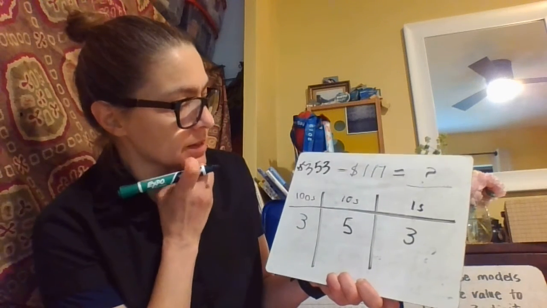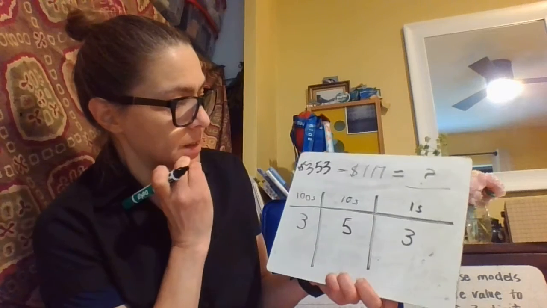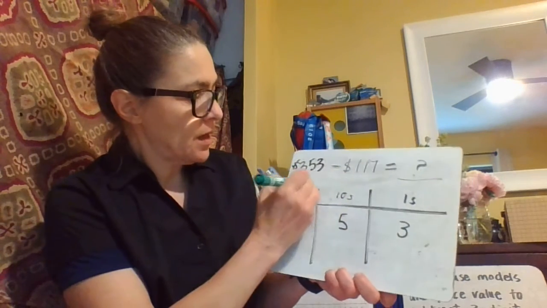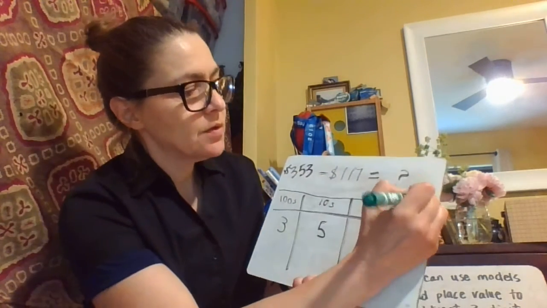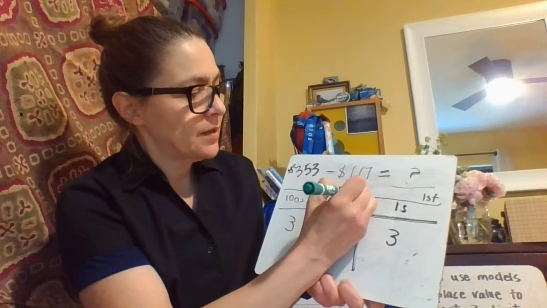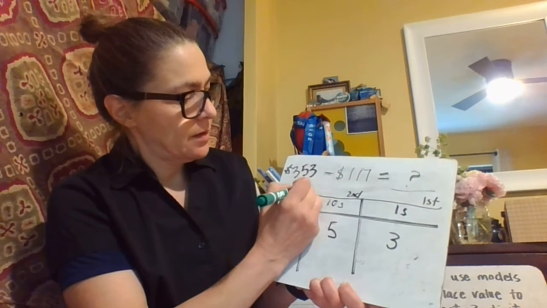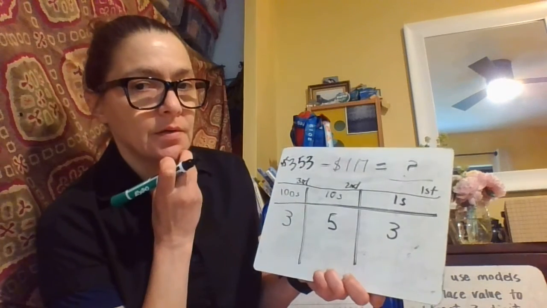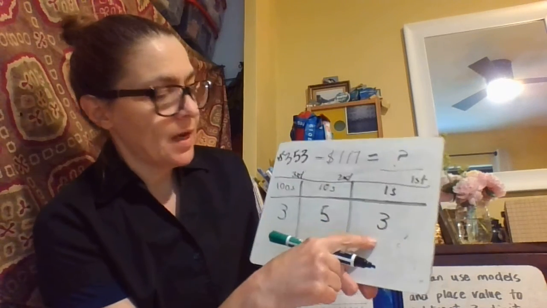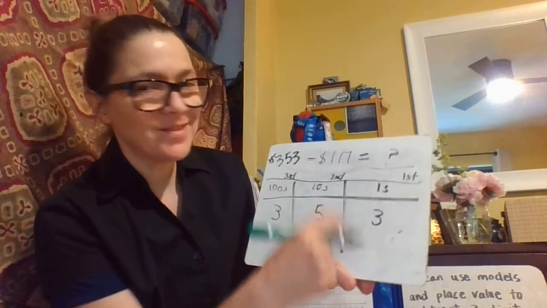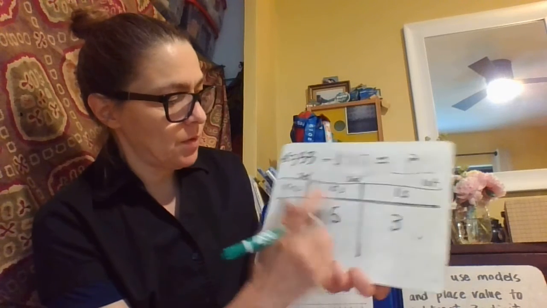Okay, and now we're going to take away 117. So because we do the ones first and the tens second and the hundreds third, we have to see, do we have enough to take away 7 ones? No, so we have to take 1 over.